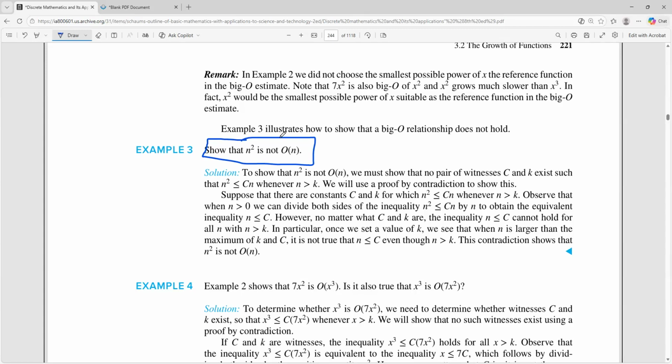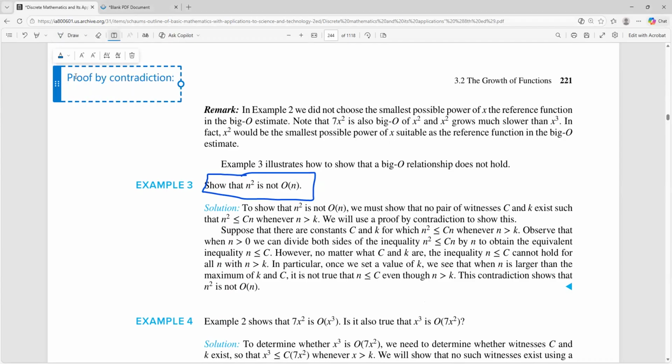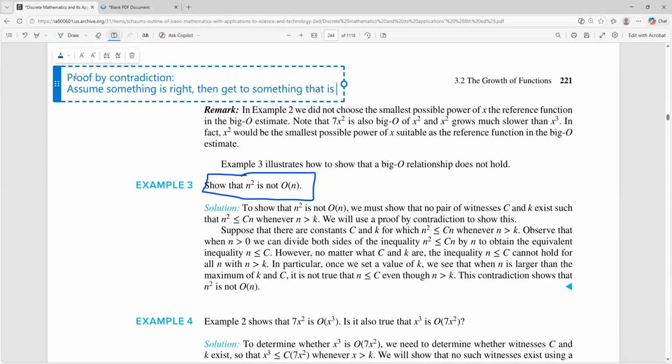So I want to prove that n squared is not big O of n. Let's do that up here in the top corner. Here is one example where we want to use how to prove big O and try to disprove it. You're going to see the notion of proof by contradiction. The idea is you want to assume something is right, then get to something that is incorrect.